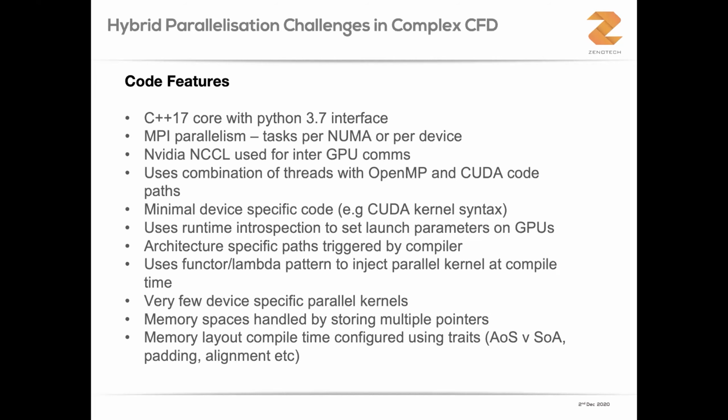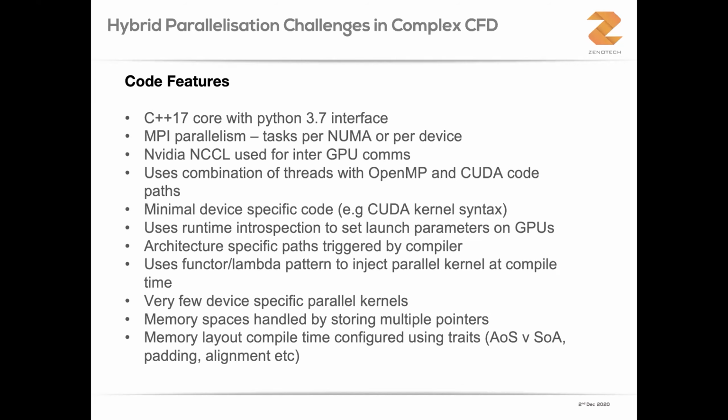The other issue which tends to hit us is memory layout, such as when to use an array of structures and when to use a structure of arrays. Depending on the architecture, and also on the algorithm you're using, these vary. That can be configured using traits, and these traits can depend on the code path being compiled for.